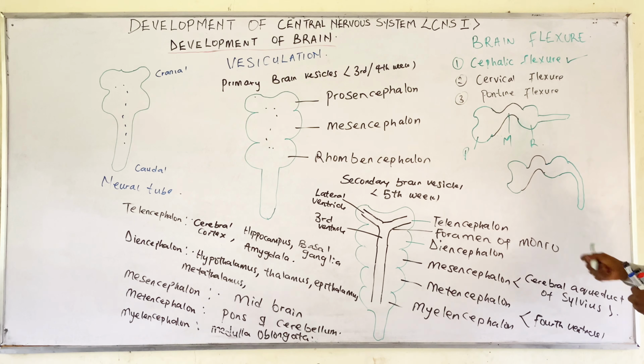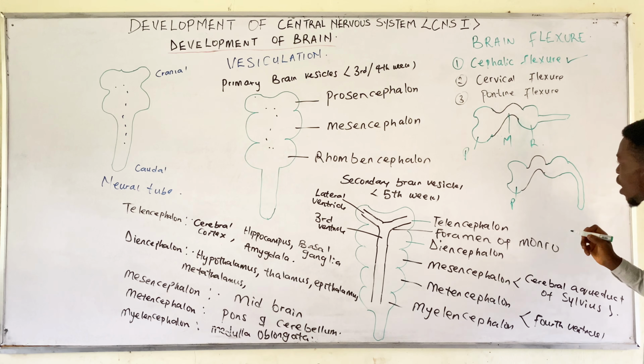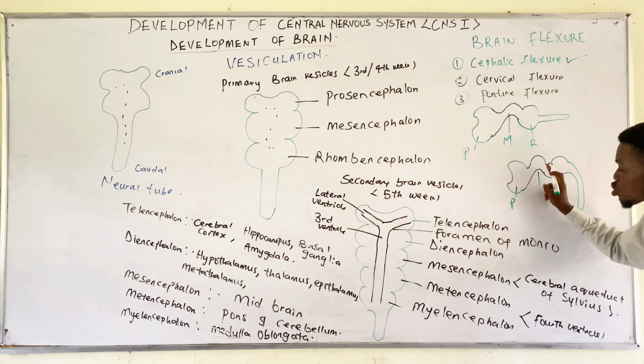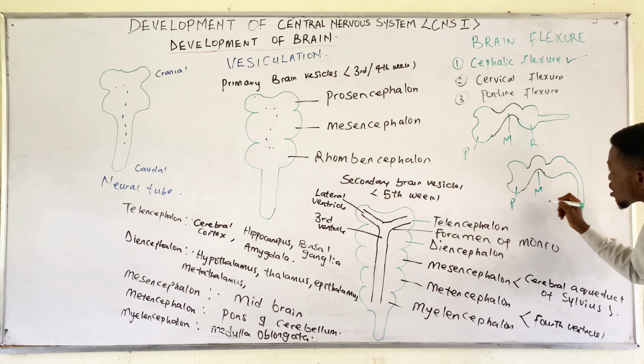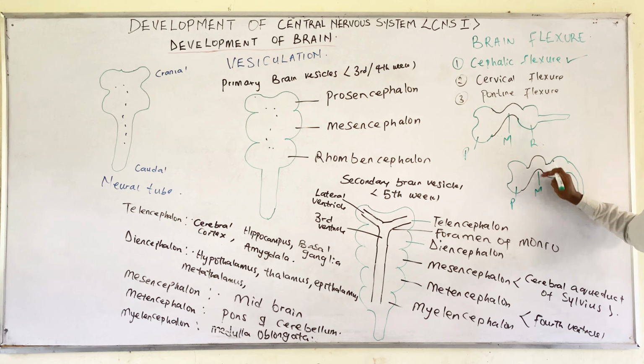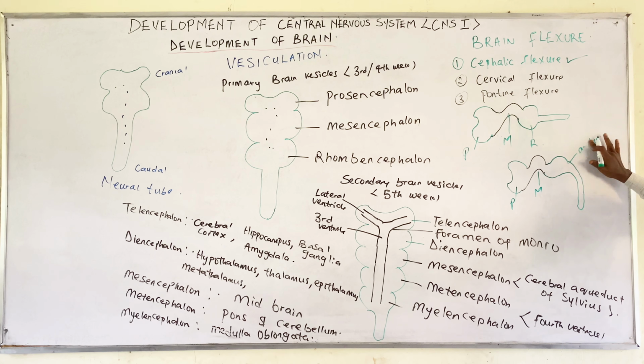So this part is what we call the prosencephalon. There's a flexure here, the cephalic flexure, which is the mesencephalon. But there's also a flexure around this part. This flexure is what we call the what? Pontine flexure. Sorry, this is the cervical flexure.